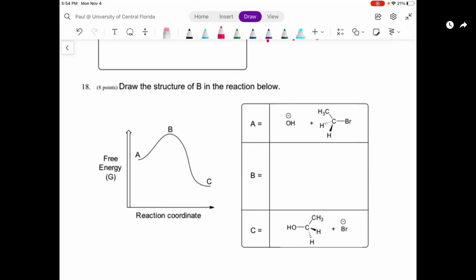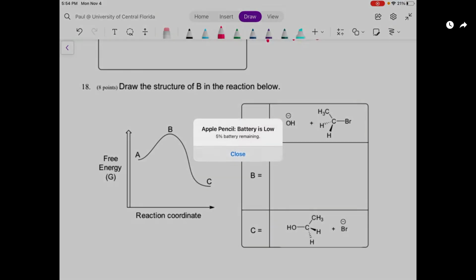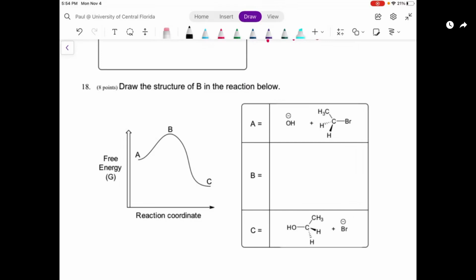Okay, question 18. Question 18, the correct answer looks like this. That right there is a transition state. So you have to draw a transition state. So we have to imply that our transition state is flat, that the leaving group, which is the carbon-bromine bond right there, is leaving at the same time that the oxygen-carbon bond is forming.